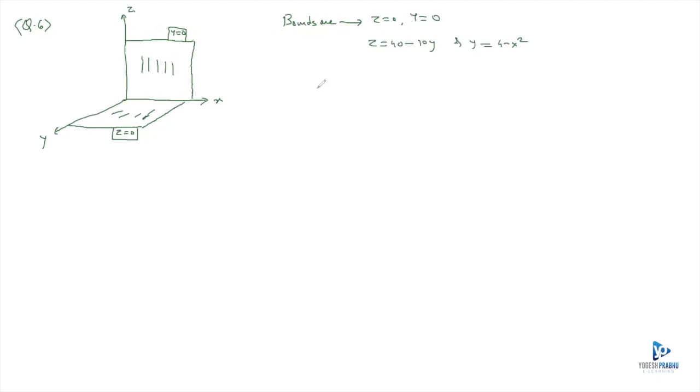But now when you see z equals 14 minus 10y and y equals 4 minus x squared, x can be negative. But y and z are non-negative.